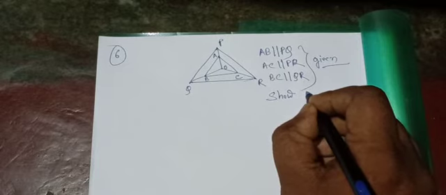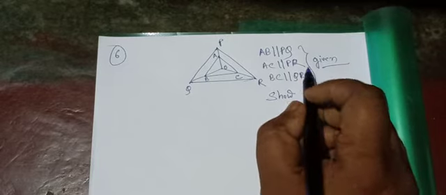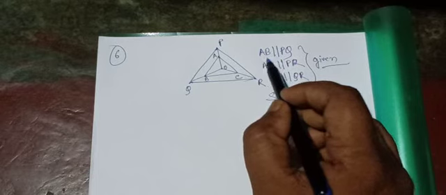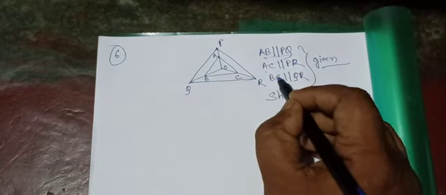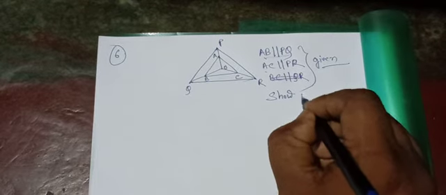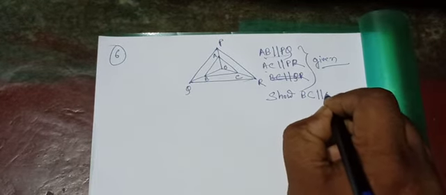Sorry, here AB is parallel to PQ, and AC is parallel to PR. This is given. We have to show that BC is parallel to QR.